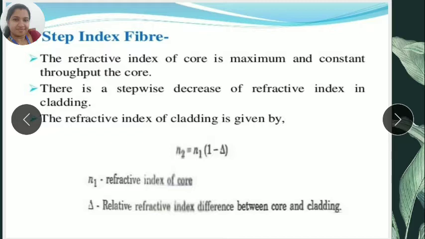So in the first point, the refractive index of core is maximum and constant throughout the core. Second point is there is a stepwise decrease of refractive index in the cladding that we explained in the first case.